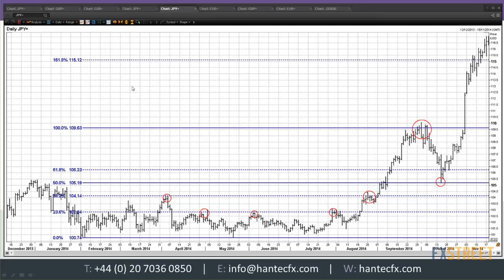But it's not an exact science in any way at all, but it does tend to happen sometimes that round number resistances and supports do work. But generally, I would say the horizontal supports of price and also Fibonacci do work very well.